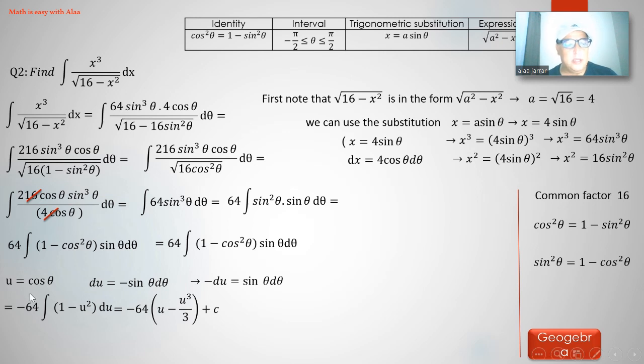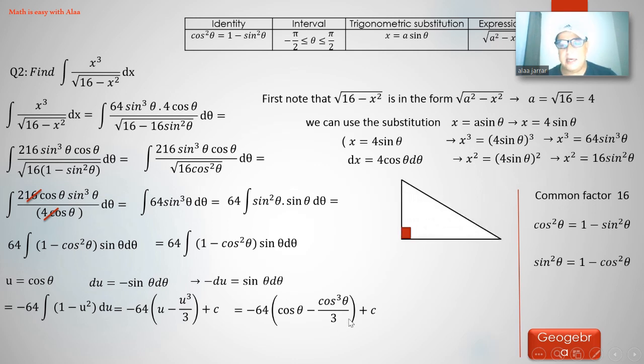Now if u equals cosine theta, then the antiderivative will be minus 64 times (cosine theta, replacing u by cosine theta, minus cosine cubed theta over 3) plus c.